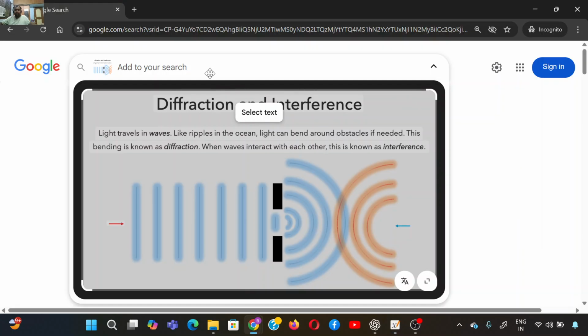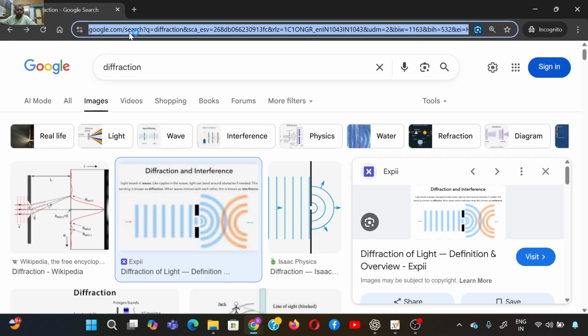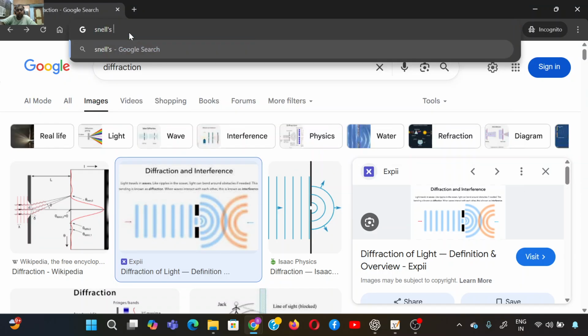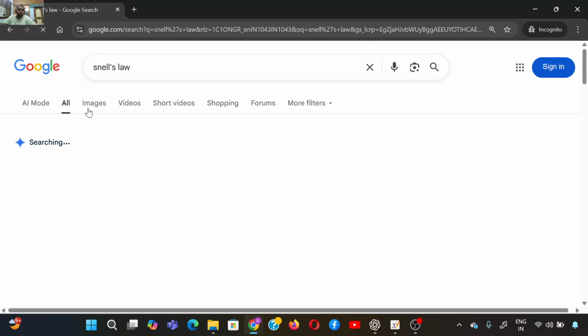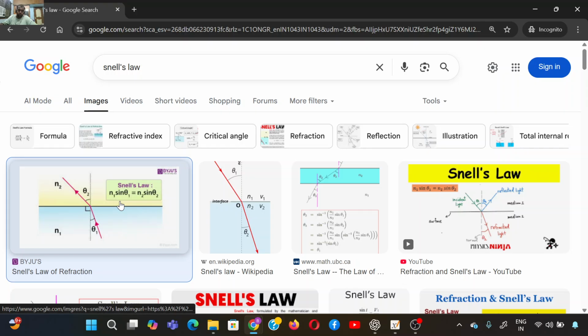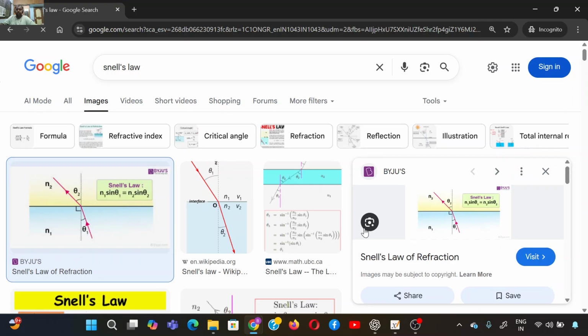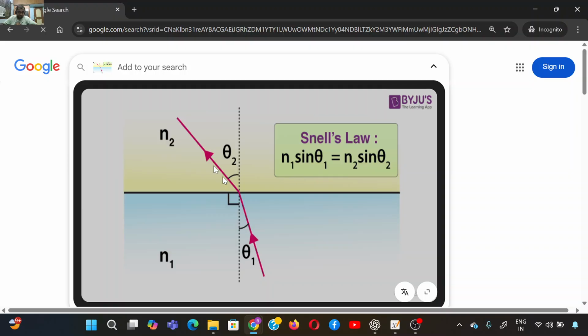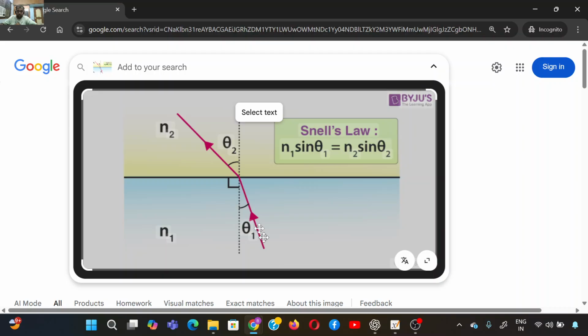So there is something called Snell's law. This is incident light in one medium. This is another medium. See, this is water and this is air. So it is incident at an angle of theta 1 to the normal, and because of refraction, it goes at theta 2.